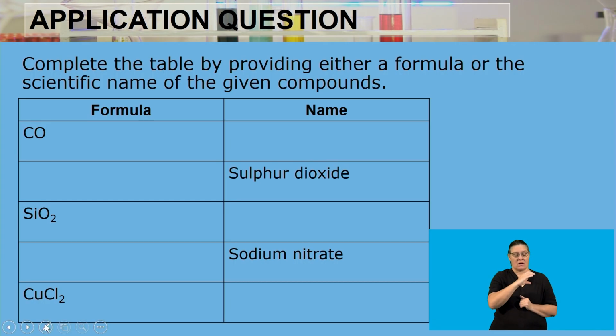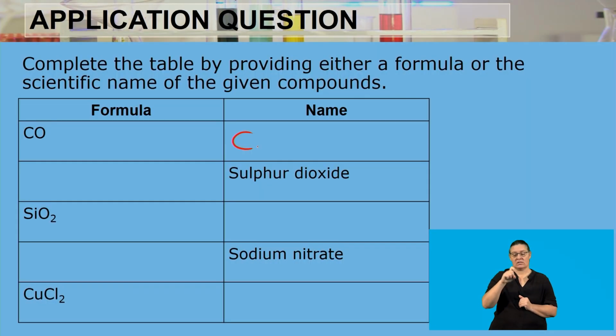Remember, we're adding the prefix. So we start by writing the first element in full, and then you add the prefix to the oxygen: monoxide. We're adding the prefix mono because you only have 1 oxygen. So this is going to be carbon monoxide. Then our second one is sulfur dioxide.